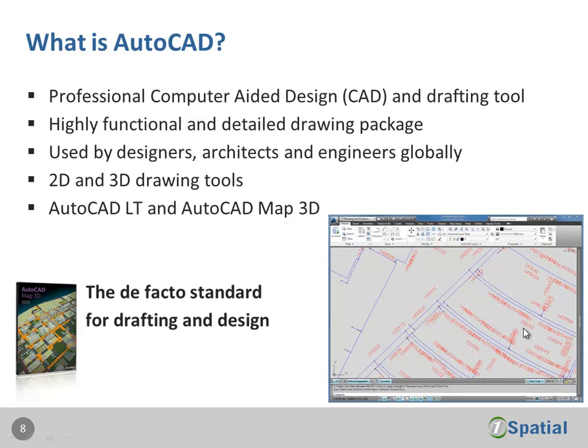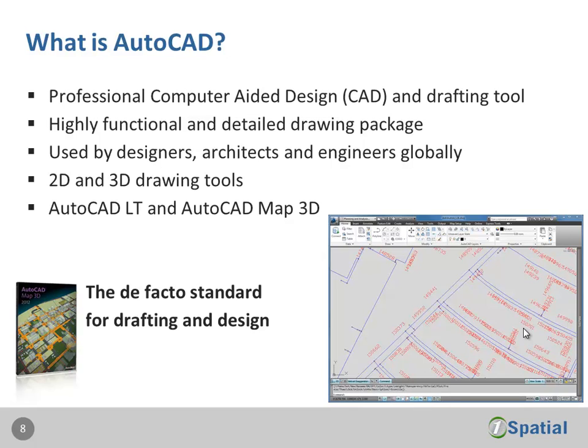For those of you who have been using Autodesk for a little while, you probably don't need any introduction to the product. But one thing to note is that those of you out there using AutoCAD are perhaps using one of two main tools, AutoCAD LT or AutoCAD Lite, as it used to be known, and also AutoCAD Map 3D.